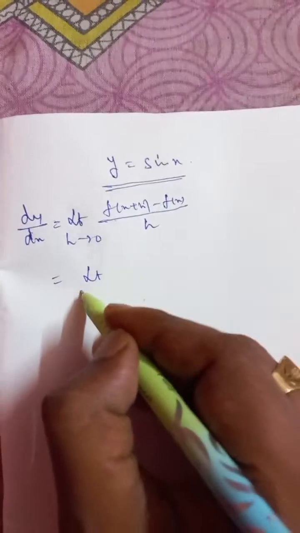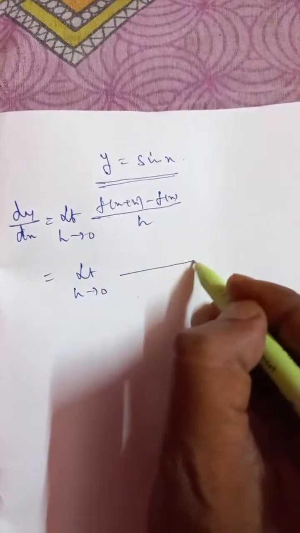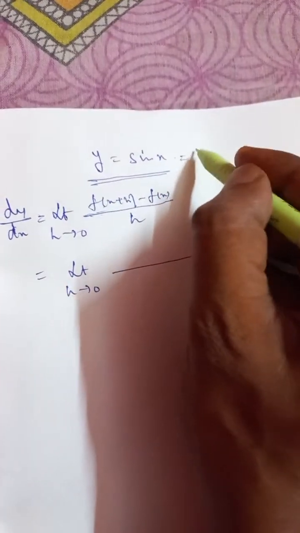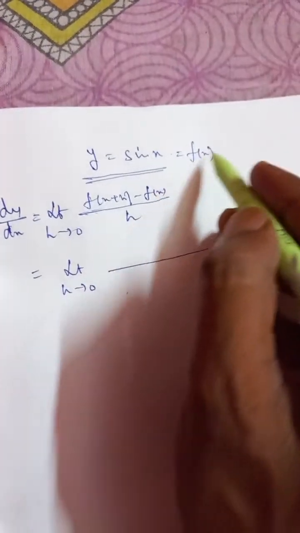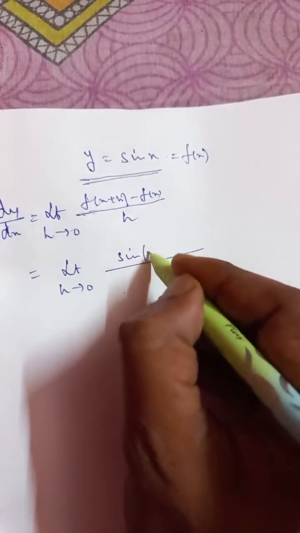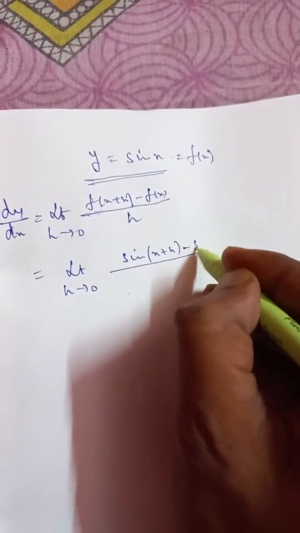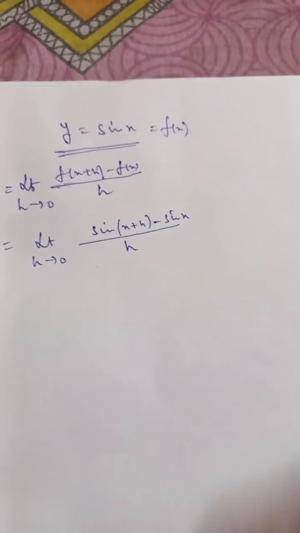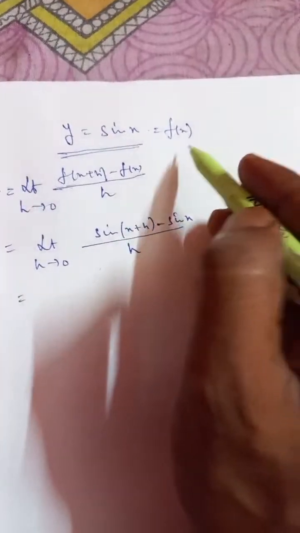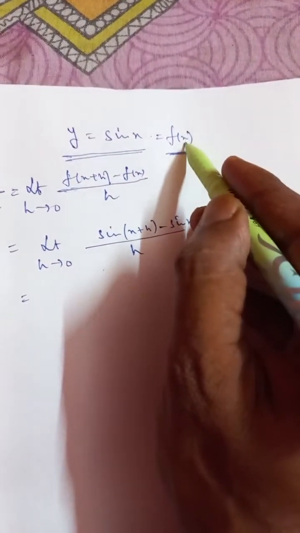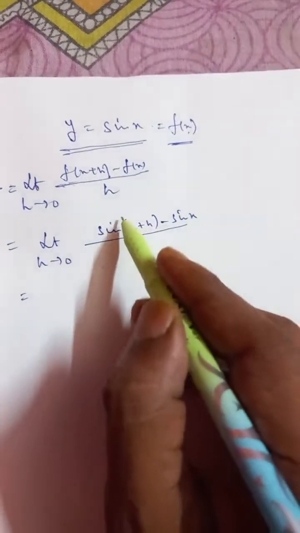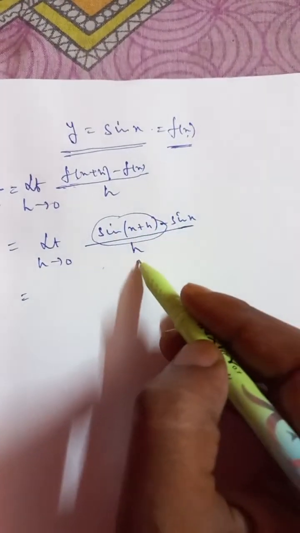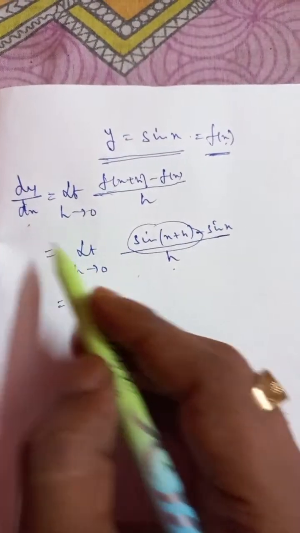This can be written f(x plus h), this is actually equal to f(x). So this will be sine(x plus h) minus sine x by h. We replace x by x plus h, and h by the definition of differentiation.